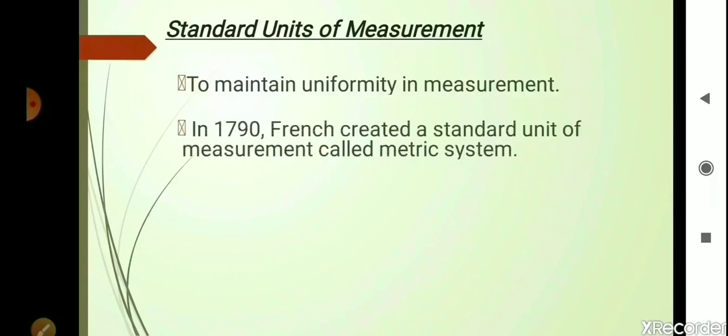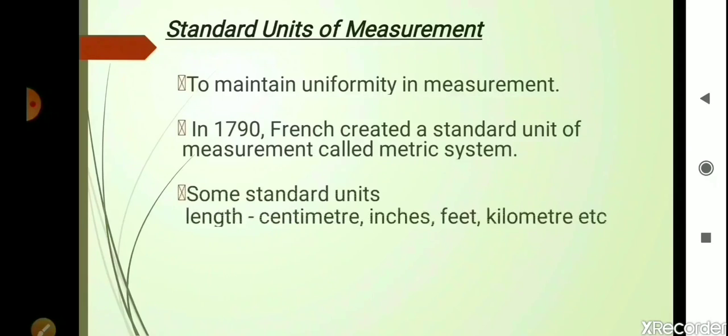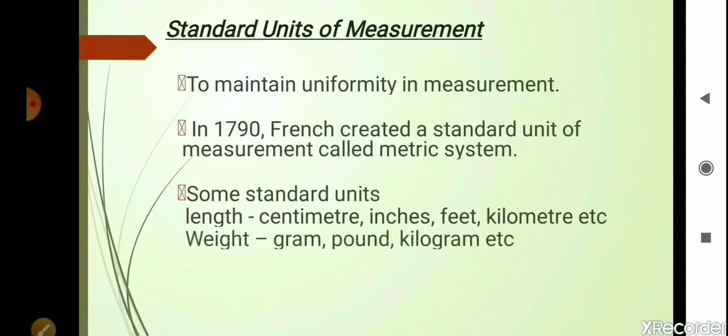So to eliminate this problem and to bring uniformity in measurement, we use standard units of measurement. In 1790, the French created a standard unit of measurement based on the metric system, called the metric system. Some standard units that we commonly use: for length we have centimeters, inches, feet, kilometer, etc. For weight, gram, pound, kilogram.